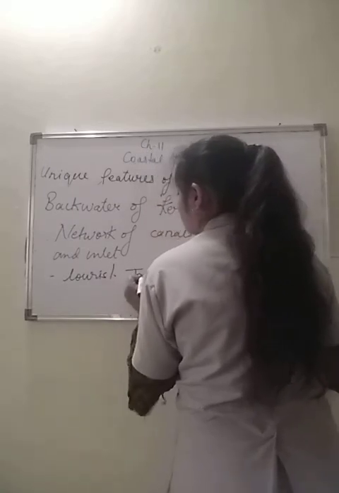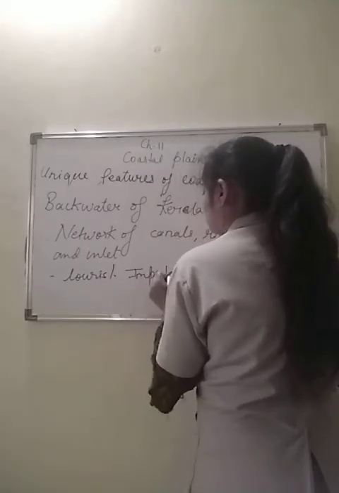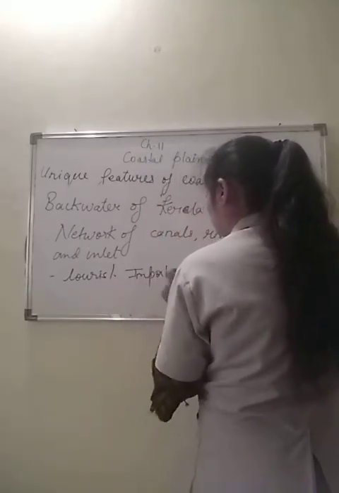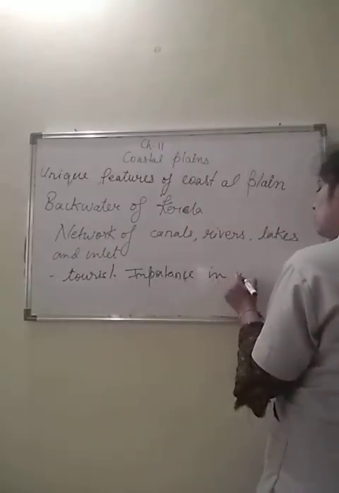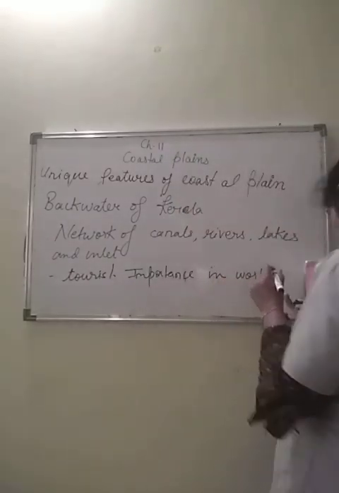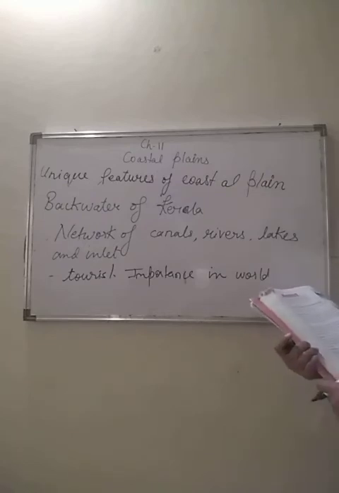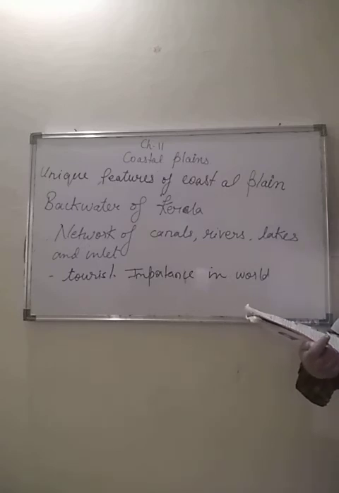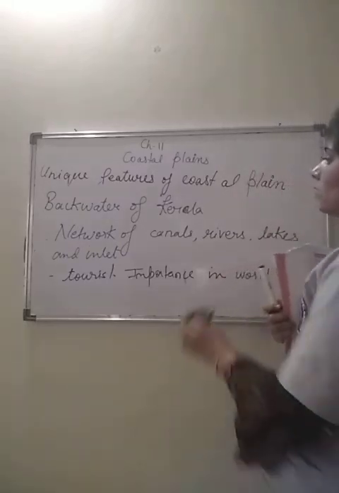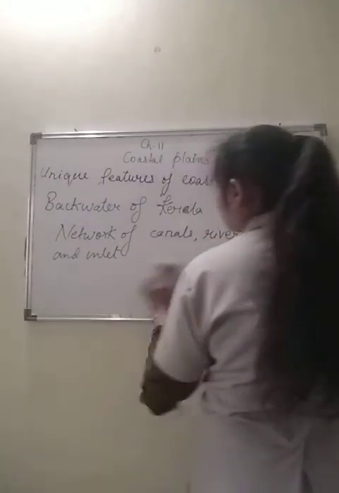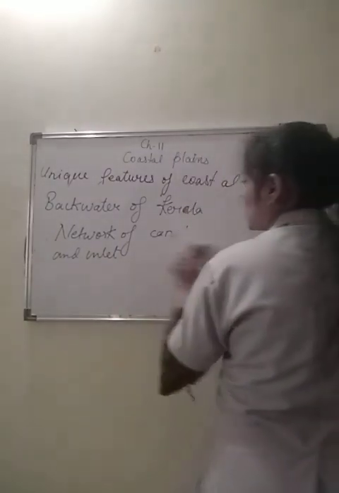Tourist importance, that is worldwide importance. And the Alleppey backwater of Kerala is also called the Venice of the East. So students, in your exams, some MCQs are asked.